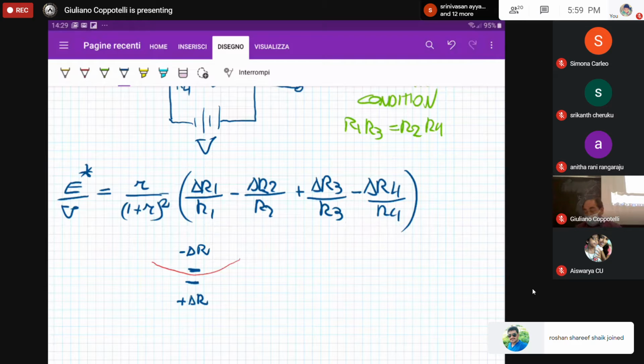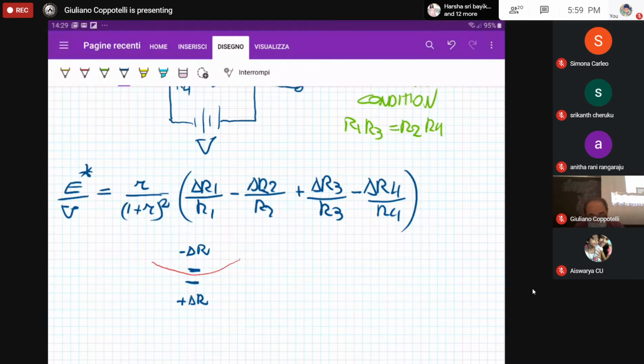If that is true, then what we can say is that when you are referring to this summation, you can rewrite that as equal to the summation through the active legs n of the relative change of resistance.